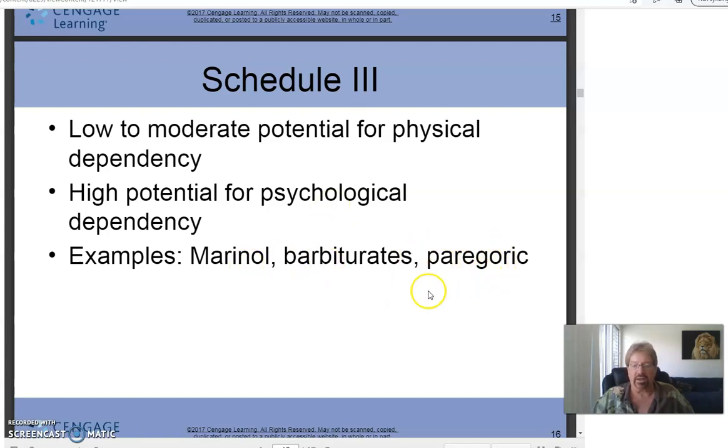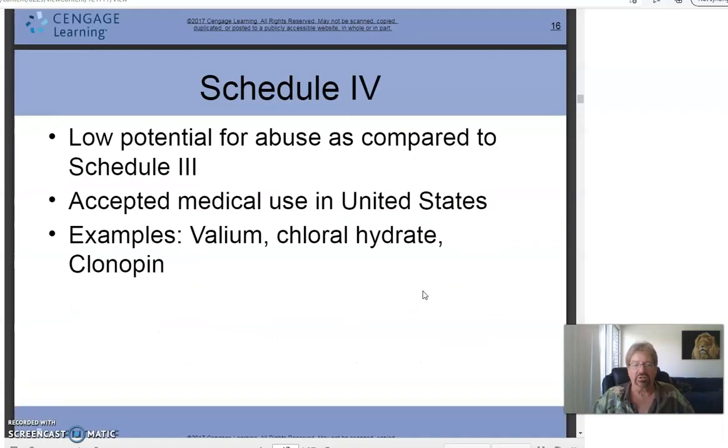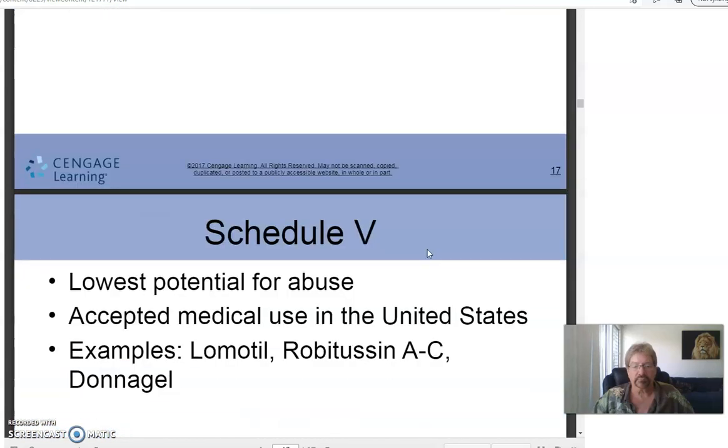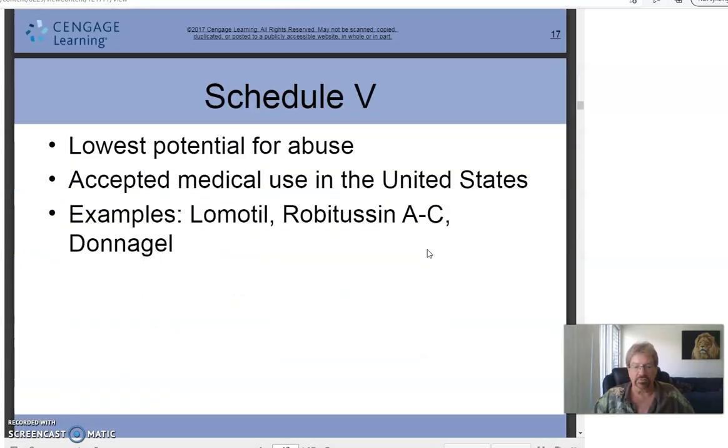I don't know if they have that anymore. Schedule 4, low potential for abuse compared to Schedule 3. So it goes from the most dangerous to the least. Accepted use in the United States, like Valium, it kind of calms you down. Schedule 5, lowest potential for abuse, accepted use in the United States, Robitussin AC. I think that's over the counter.